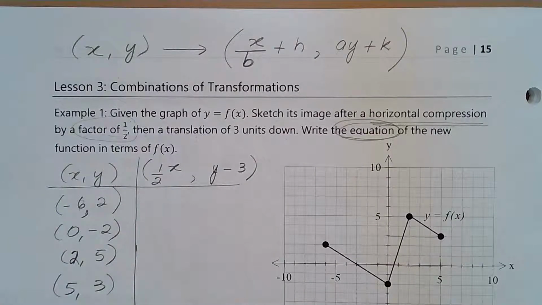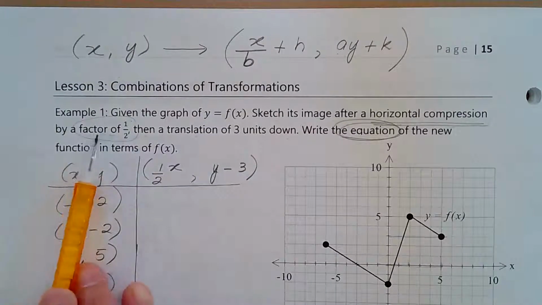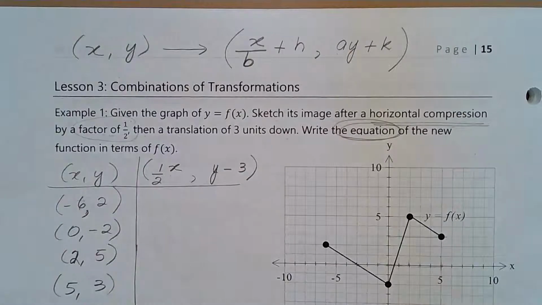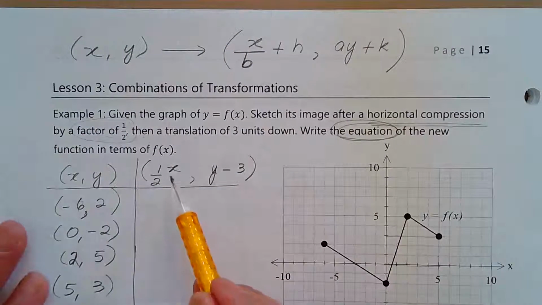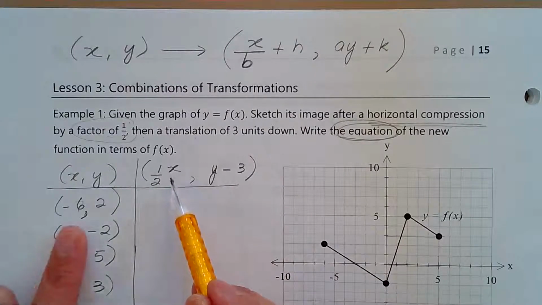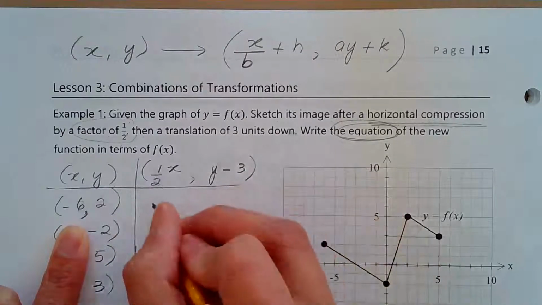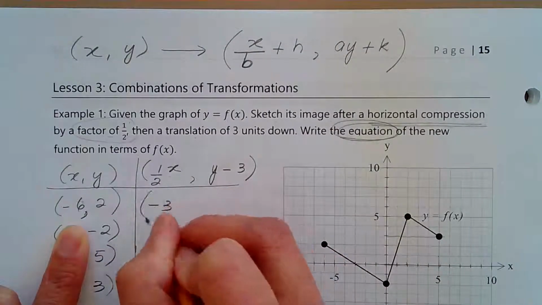Okay, that's good. The word factor, in operation, means multiply. So we're going to multiply by 1/2. If I multiply the -6 by 1/2, it's going to be -3.